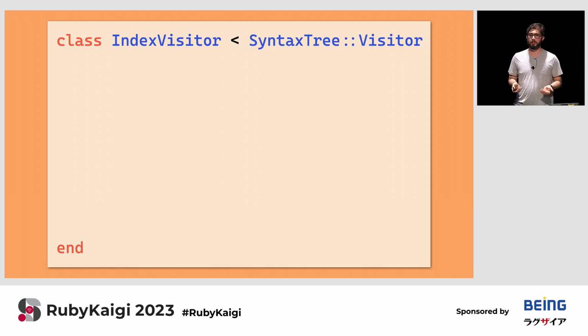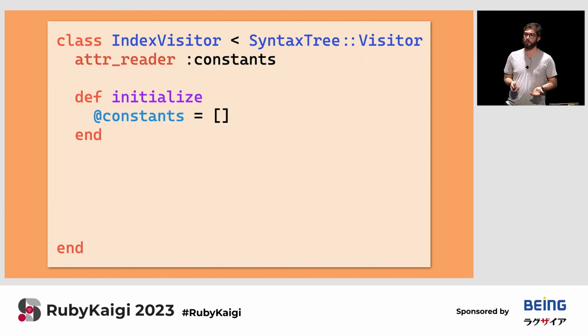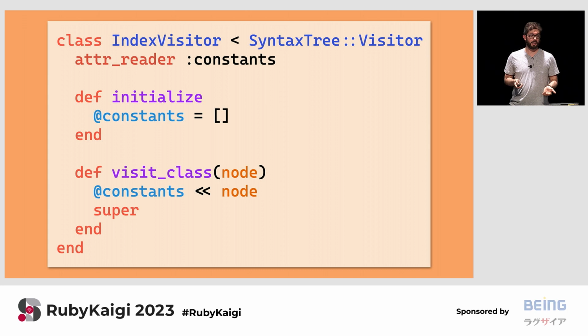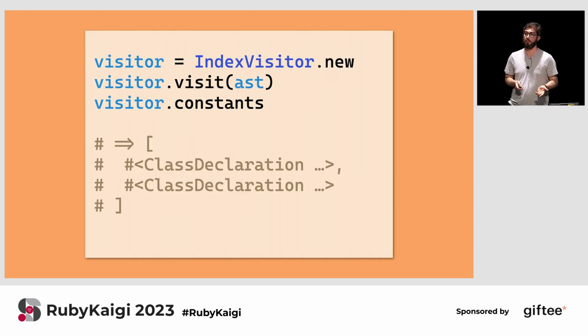In our case, we're only interested in class definitions, so we can initialize this visitor with an empty list of constants where we're going to be accumulating our classes. And then every time we find a class, we just push it into our list of constants. And even though this is a very simple visitor implementation, it is already capable of extracting any class declarations found in an AST.